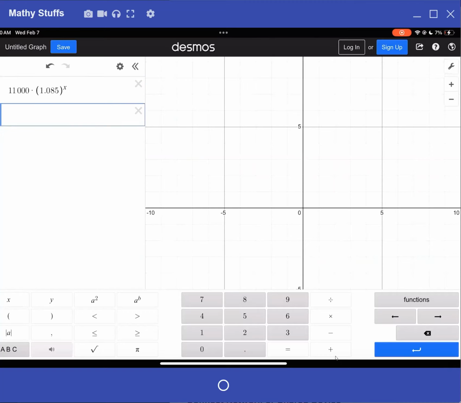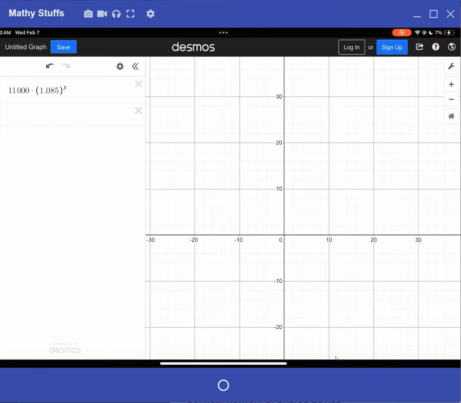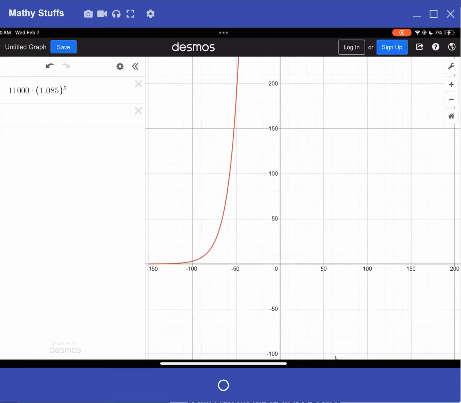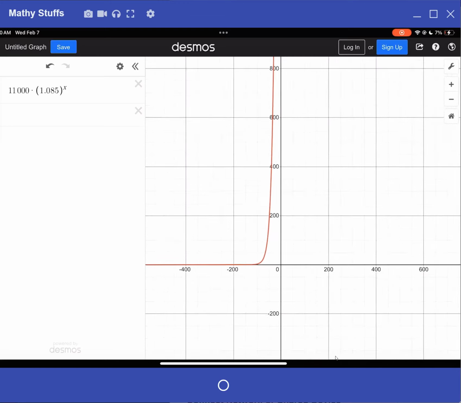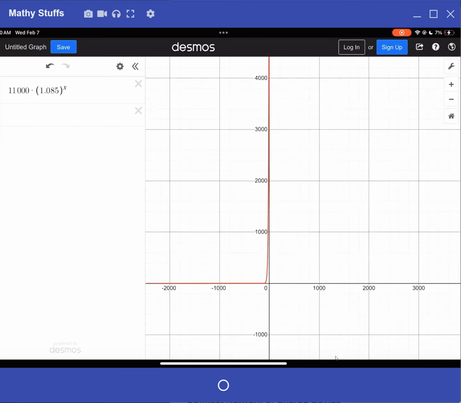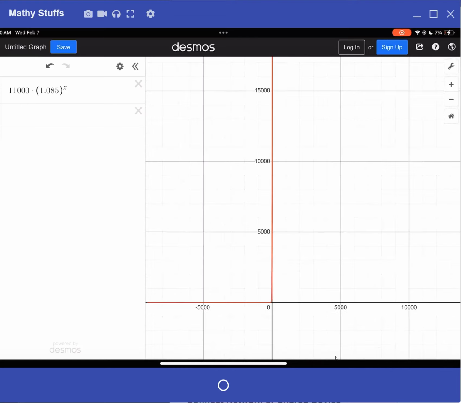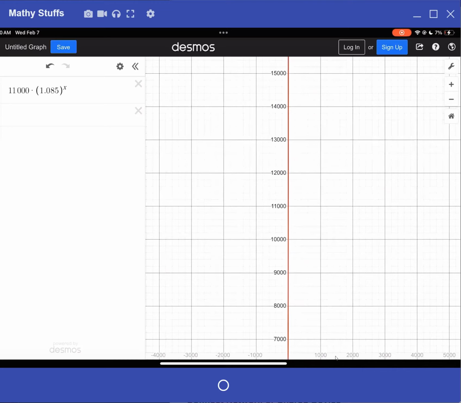So now you don't see anything, and that's because when you look at the picture, we're seeing a very small window. We need to back out so that we can see our 11,000. So see, this is crazy here.